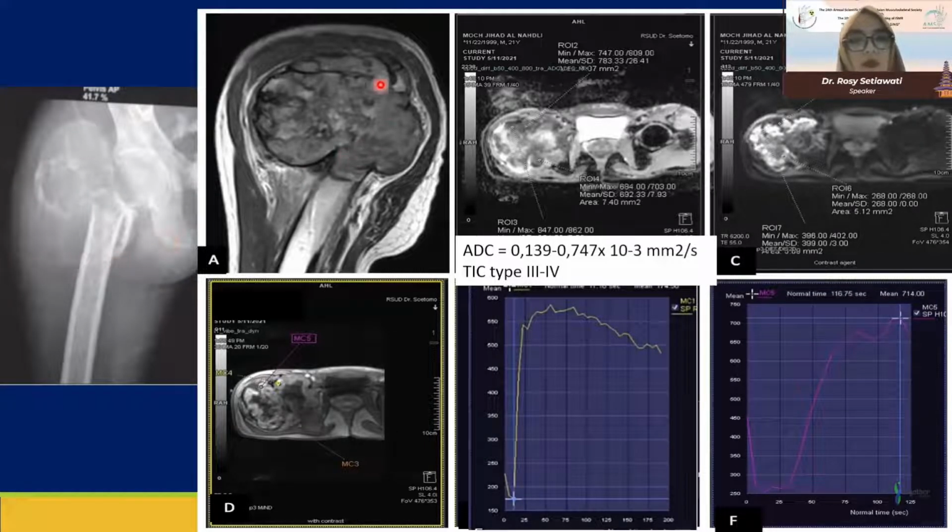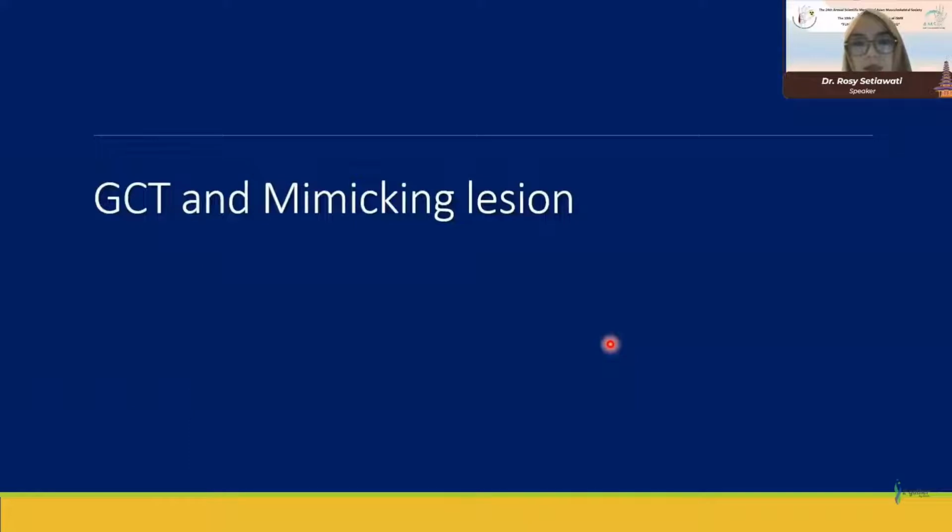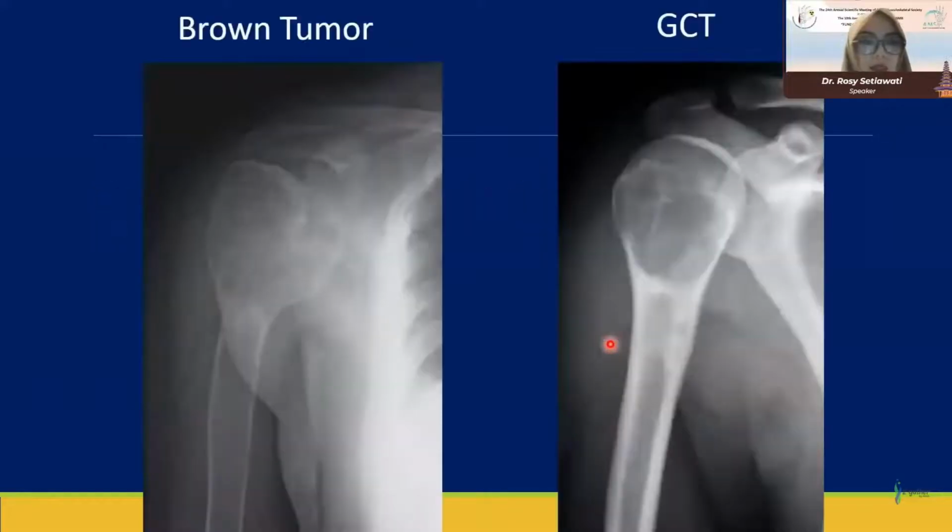On MRI, there is a more obvious soft tissue mass with mixed signal intensity inside, and the ADC values show lower ADC, about 0.139 to 0.747, with TIC pattern type 3 and type 4. This is related to malignant GCT, proven by the pathology findings.